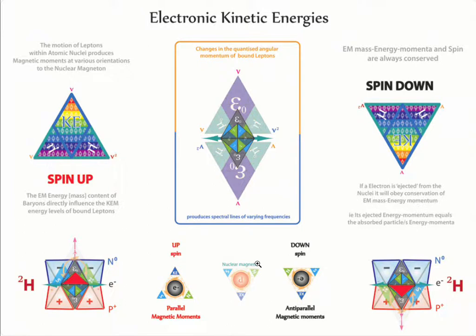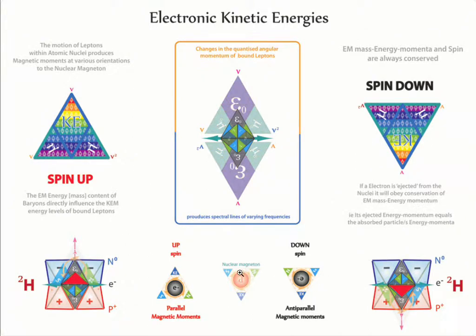So just to repeat that, the magnetic dipoles of the nuclear and the Bohr magnetons is what determines whether an electron is an up or a down spin, or a parallel or anti-parallel magnetic moment. And it's probably more appropriate to call them parallel and anti-parallel, because then you can see specifically what is being created.